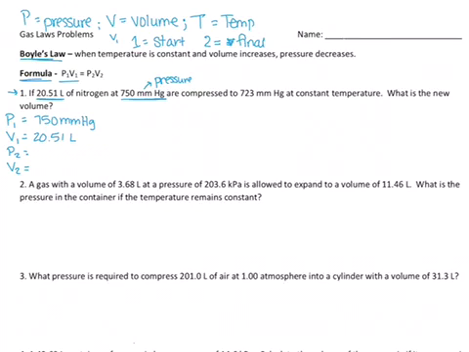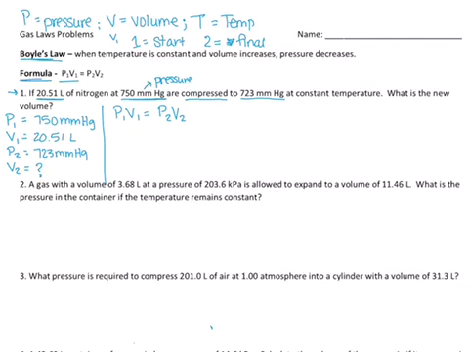Then those gas particles are getting compressed, so that means they're getting squeezed, and now we're down to 723 millimeters of mercury for our final pressure, and we need to calculate our final volume. So my next step is to write out the formula: P1 V1 equals P2 V2.